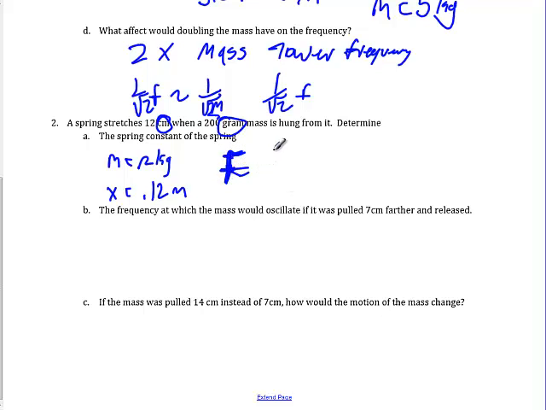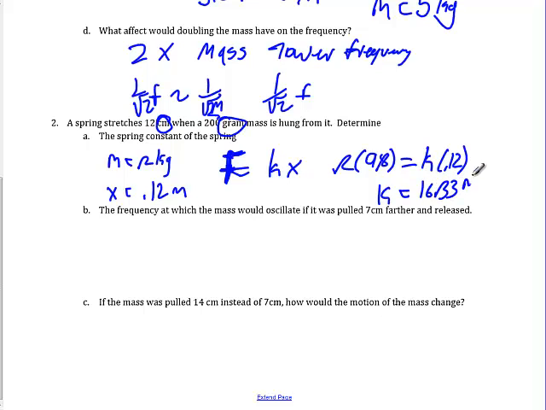So F, which is mg, 0.2 times 9.8 equals k times 0.12 for my distance. 0.2 times 9.8 is 1.96, and if you divide that by 0.12, you get 16.3. So 16.3 newtons per meter.